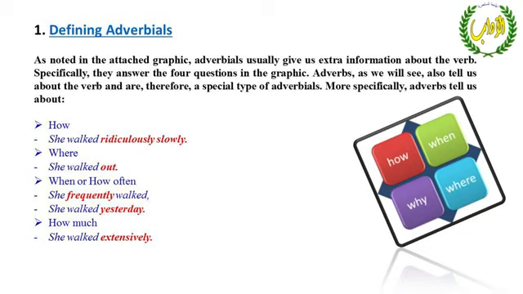More specifically, adverbs tell us about how, as in she walked ridiculously slowly, where, she walked out, when or how often, as in she frequently walked, or she walked yesterday, or how much, as in she walked extensively.